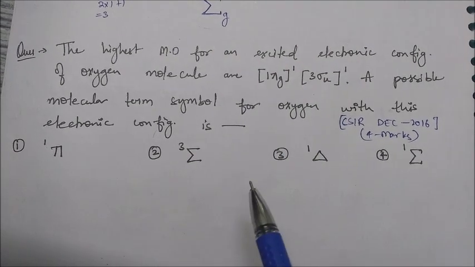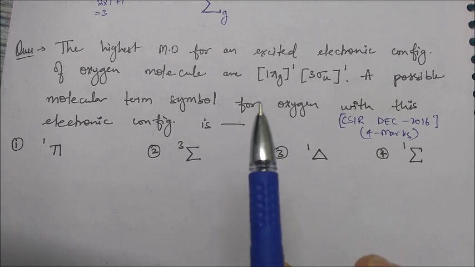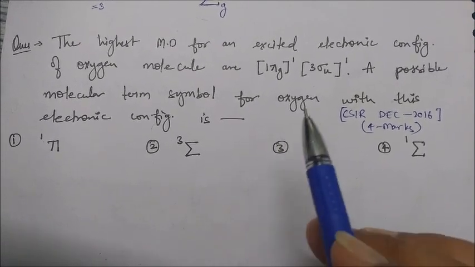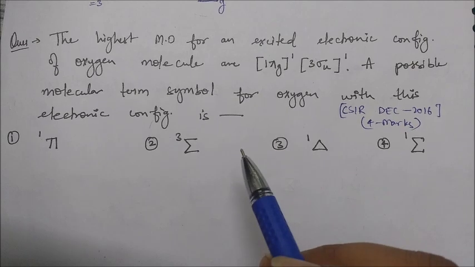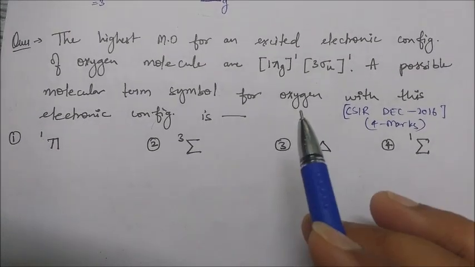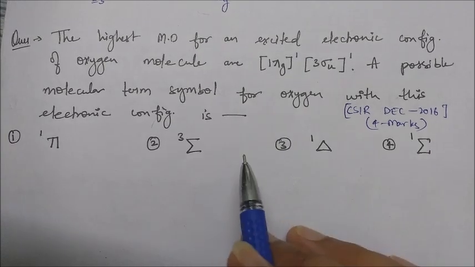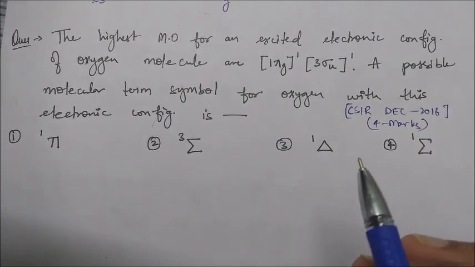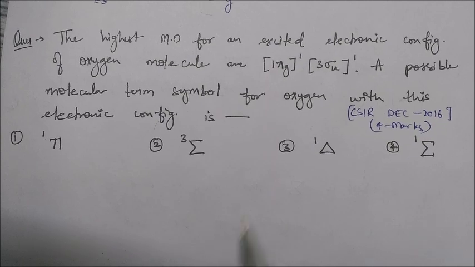All 3 videos I have already posted. These are from physical chemistry topics. So if you are preparing organic and inorganic as your combination, and you watch these 3 videos, I am sure you will get these 6 marks as a bonus in your physical chemistry. So let's solve this question.